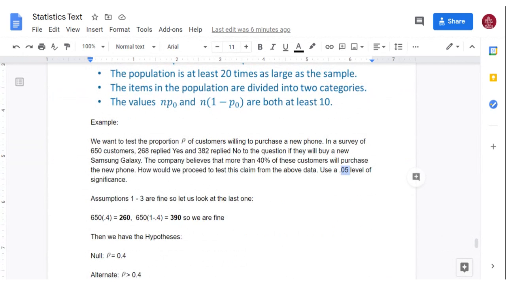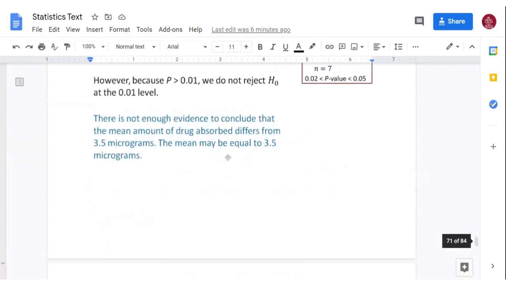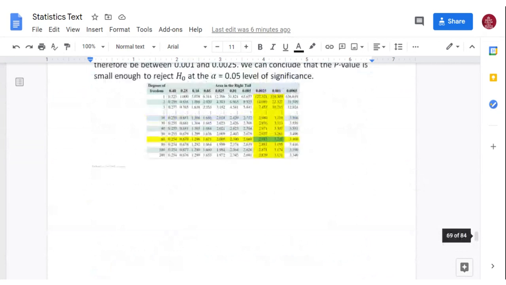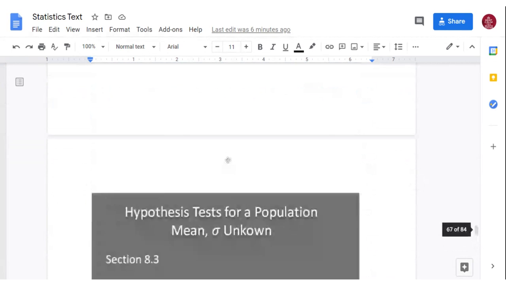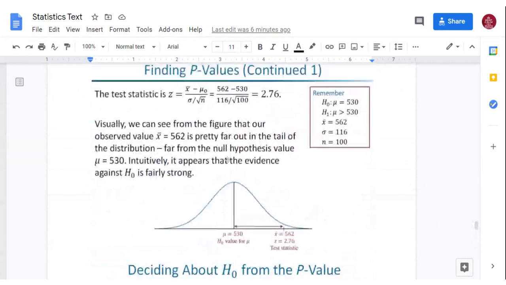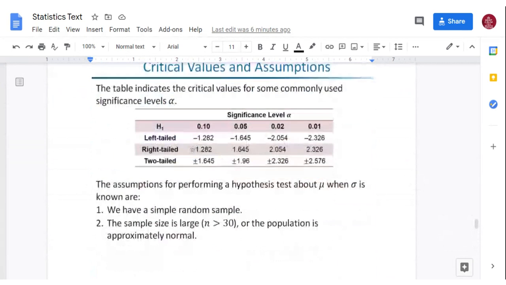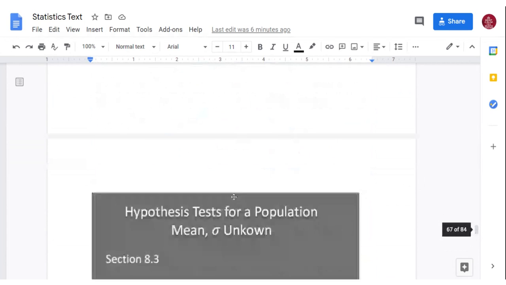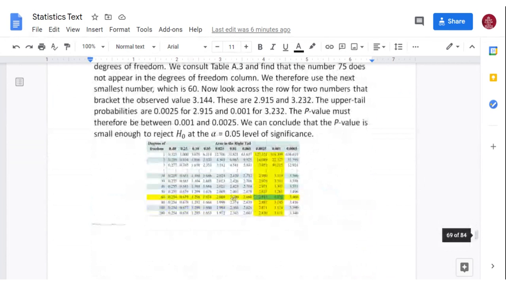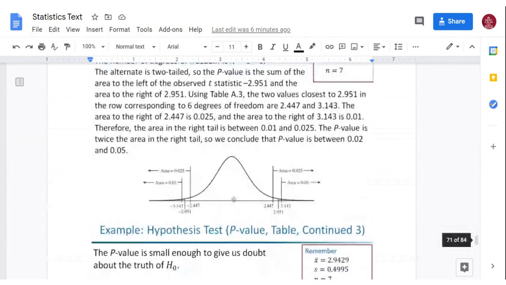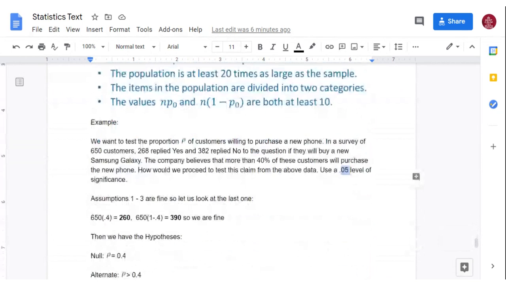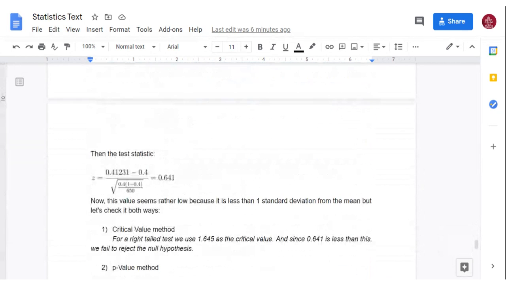So for a right tail test, that's going back up here, 1.645 for a right tail test. If it had been a left tail test, then it's a negative. All right, so that's really less than one standard deviation. So that's not looking good, but let's just check it.